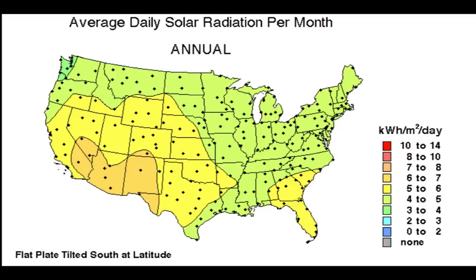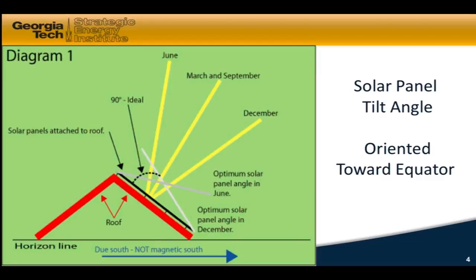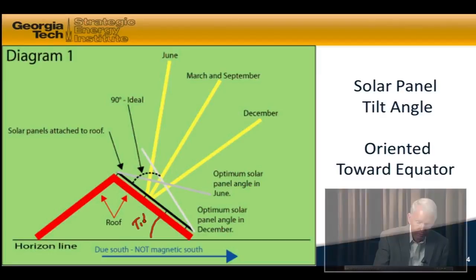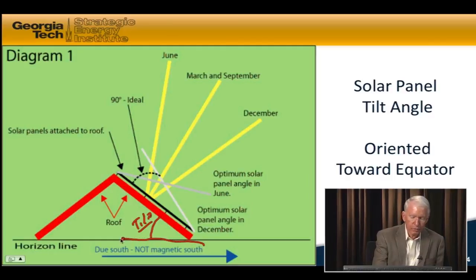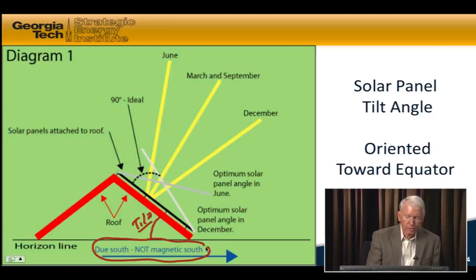Again, just to remind us what we saw last time, this is what we're talking about here, and the tilt angle that we're talking about is this one right here. This is the tilt angle that we refer to, and this diagram is written for the northern hemisphere because it talks about tilting it to the south.